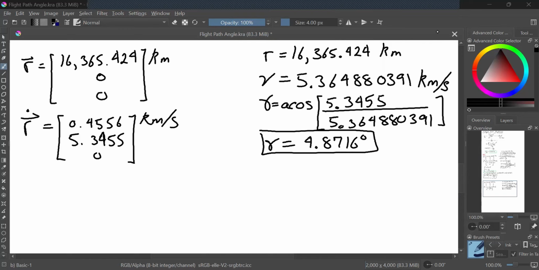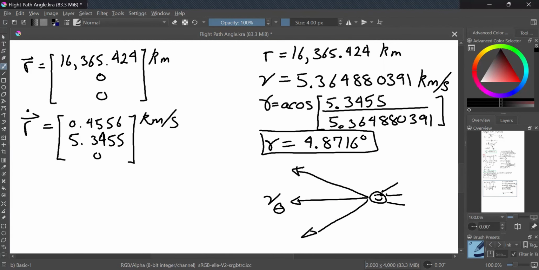Alrighty, so we just found what our flight path angle is, but I have a question for you. Is our satellite moving away from the Earth or towards the Earth? It turns out the cosine equation here that we've been using does not carry that information through, but the information is provided.